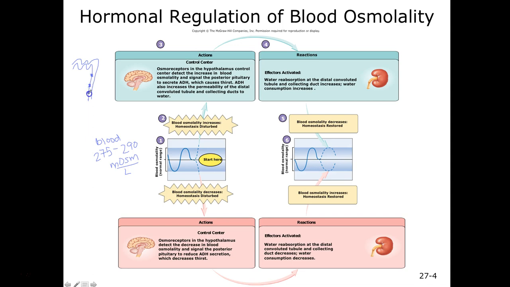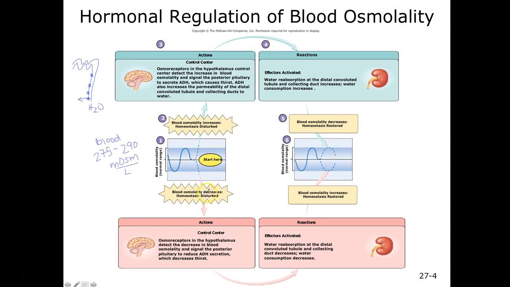And aquaporins allow H2O to move out the channel and be reabsorbed. We reabsorb the water back into our blood. And so that's what ends up happening. Our water is going to increase, and that brings our blood osmolality back to homeostasis.